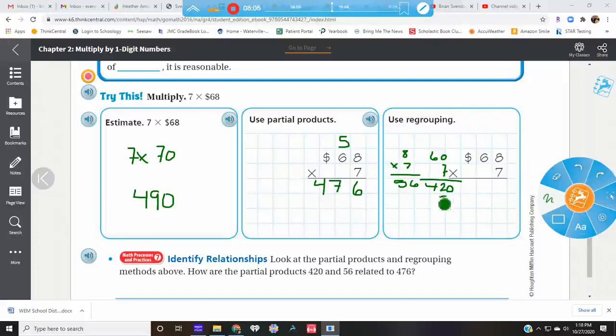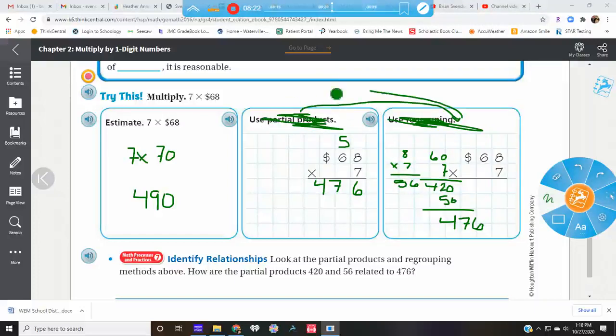If we add our 50 and 60 here, we get 476. Okay, so this is not regrouping, and this is not partial product. I did it backwards. So this one really should go over here, and this one really should go over there. Alright, if you have any questions, please let me know.